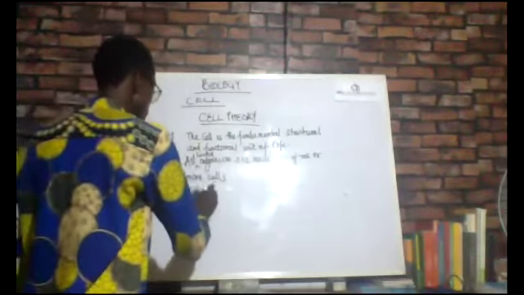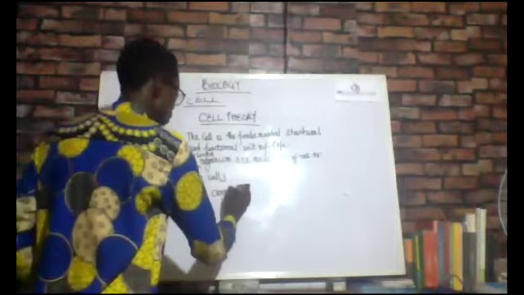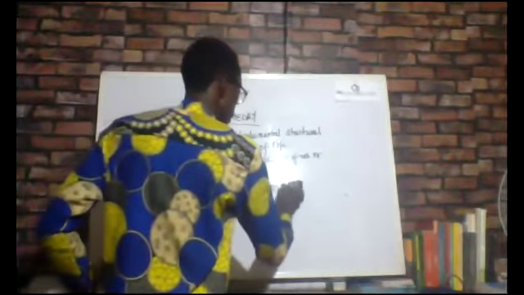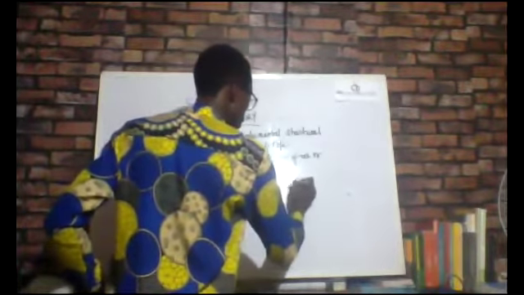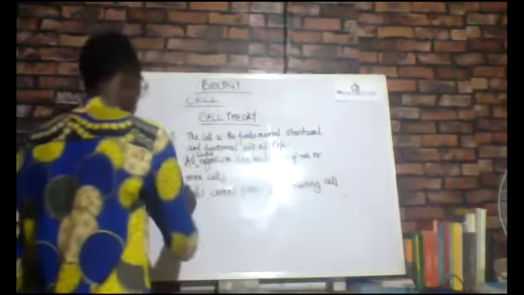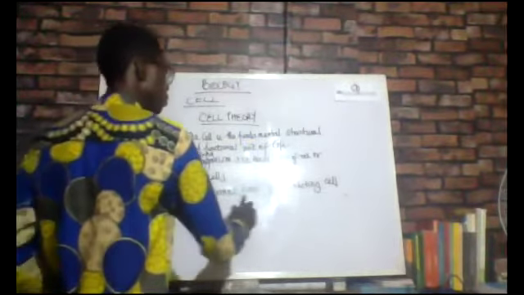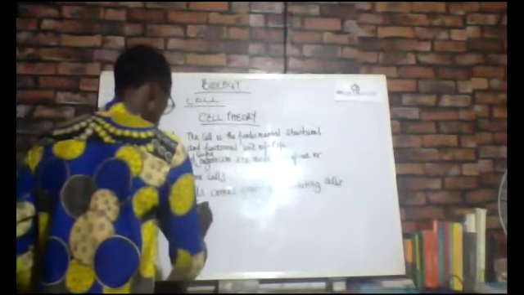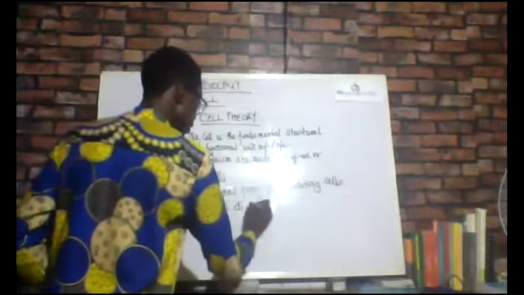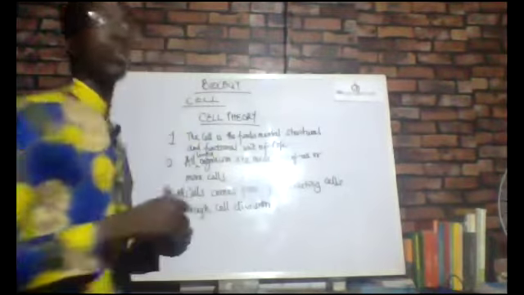So I'll write it: all cells come from pre-existing cells through cell division.